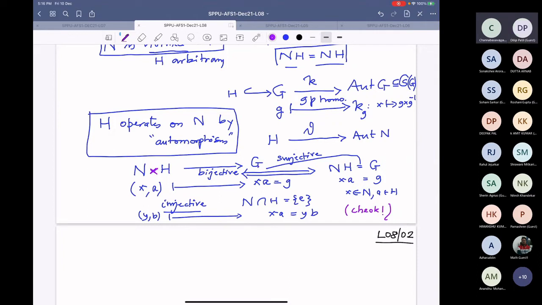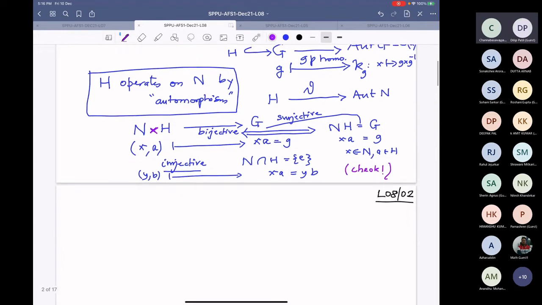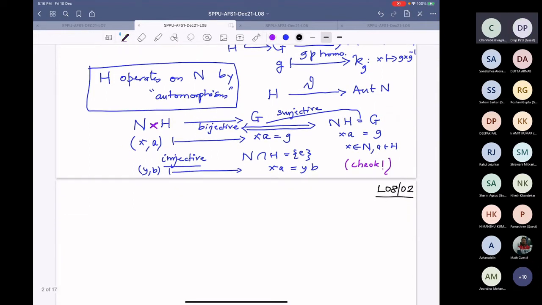Now I want to consider the converse. So what should the converse be? Given two groups N and H, I want to construct a new group G so that this N is normal there and this H is a subgroup there.